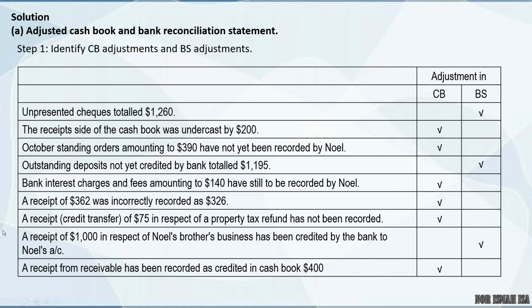Since this error happened on the wrong side of the entry, it should be a debit or receivable for the cash book, because this is an amount received, but the company has wrongly credited this amount. So when you do the adjustment, you need to debit back this amount with the double amount. First you need to clear the credit side you have done before, and then you add back the 400. So the amount you need to adjust is 800.